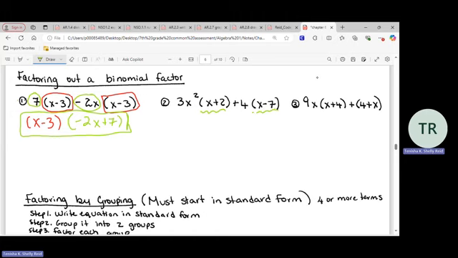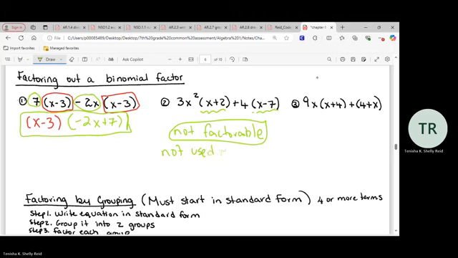So this is what's going to be called not factorable. I can't factor it. Now, please keep in mind, this is not used very often. So don't go around saying not factorable, not factorable, not factorable. No, you're going to do your best to factor it because that occurs very rarely.